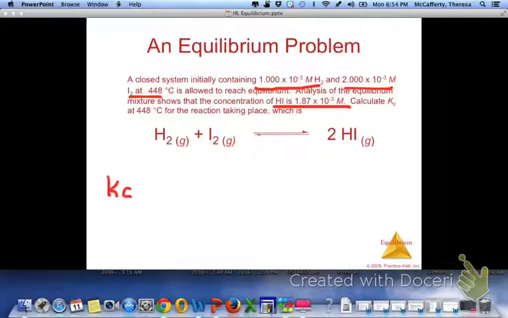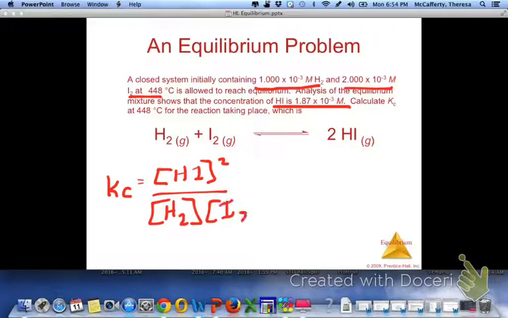Well, you know that Kc is the concentration of your hydroiodic squared over your concentration of your hydrogen times your concentration of your iodine. Here's the problem. The concentrations for the hydrogen and the iodine are at the initial conditions.